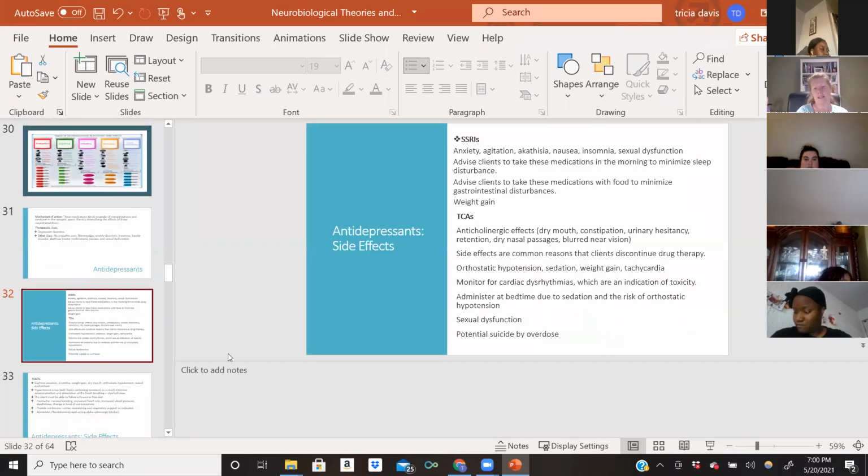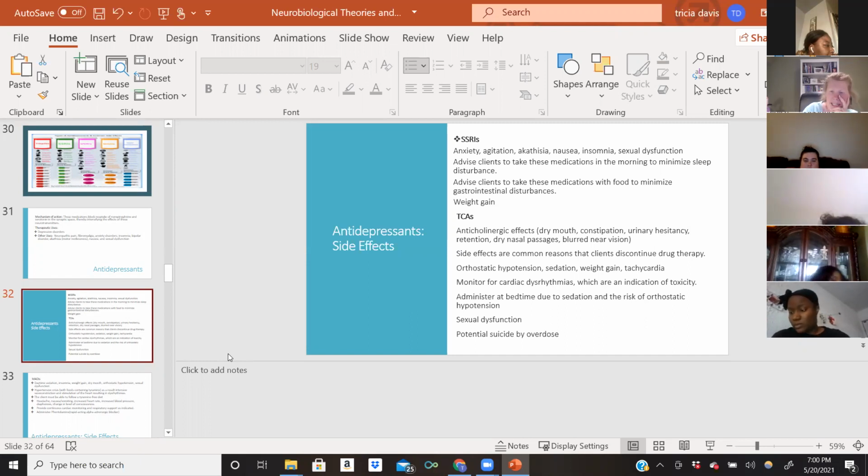All right, so the SSRIs are used to treat anxiety, agitation, akathisia, nausea, insomnia, and sexual dysfunction. You want to advise the clients to, no, I said that wrong. Those are the side effects. I'm sorry. For SSRIs, those are the side effects you can see from the medication.